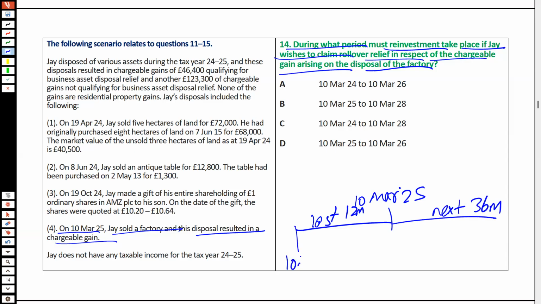So last 12 months means 10th March 24, and next 36 months means March 25, 26, 27, 28. So we are talking about 10th March 28. So 10th March 24 to 10th March 28, option C.